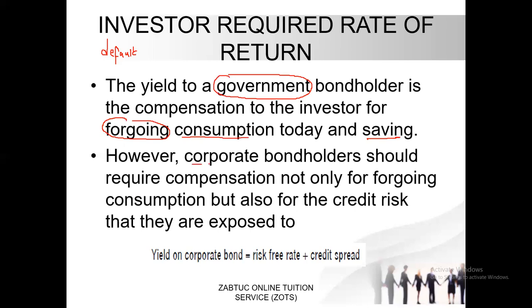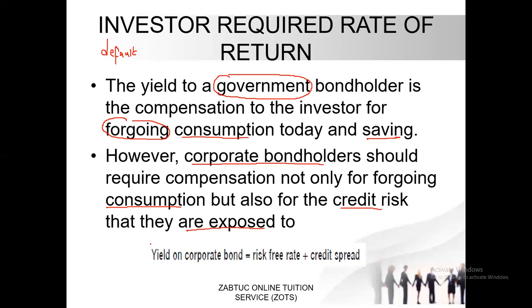However, corporate bondholders, if you invest in a bond of a company, we call you a corporate bondholder, should require compensation not only that you have foregone consumption, but also for the credit risk that they're exposed to.